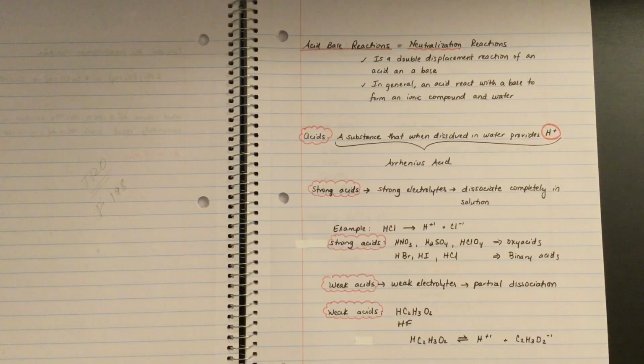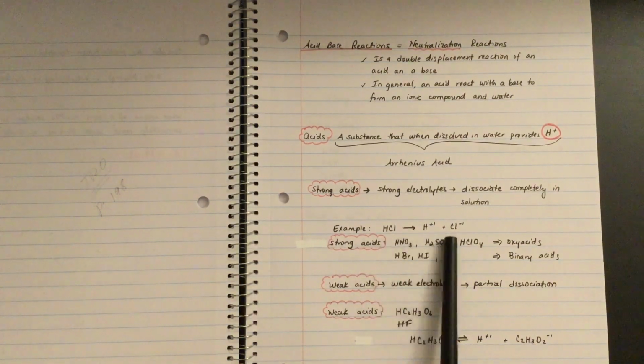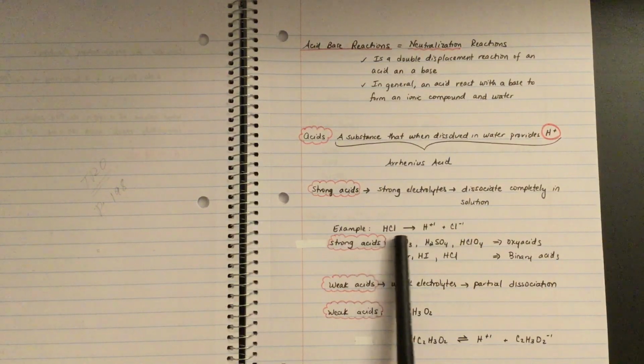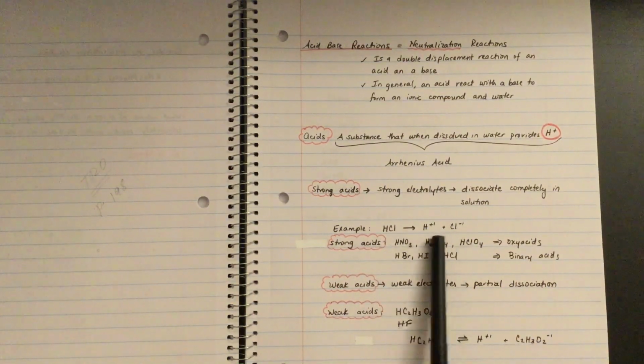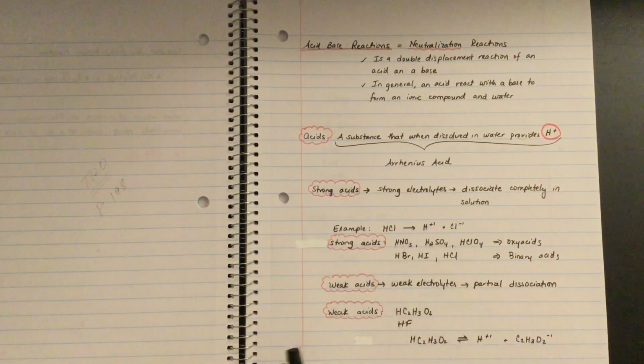In a similar way to what we have for strong electrolytes, for soluble ionic compounds and insoluble ionic compounds, we represent the dissolution of an acid in water. If it's a strong acid, we use one arrow pointing towards the product side where you have the ions. If it's a weak acid, we have a double arrow because your weak acid dissociates partially.